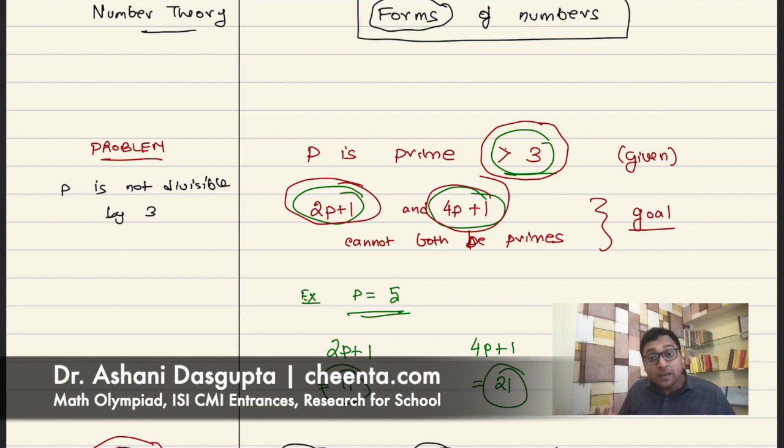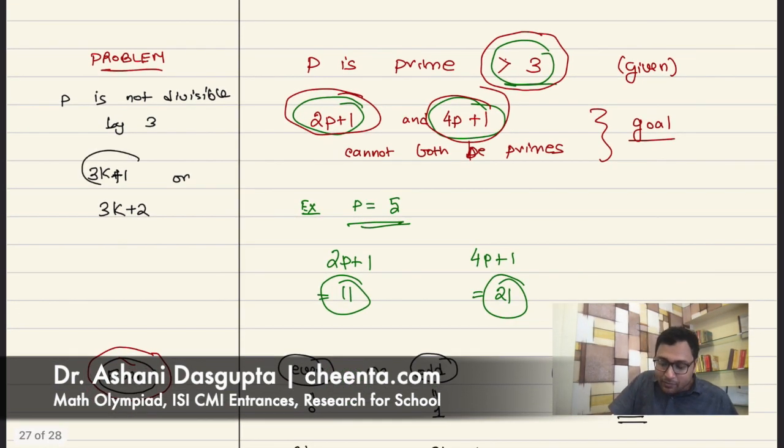So what could be the form of P? Well, P could be 3k plus 1, that is, it could give remainder 1, or it could be 3k plus 2. So if I can show that 3k plus 1 and 3k plus 2 both are not prime numbers, then I have proven my theorem. Okay, so let's try to do that.